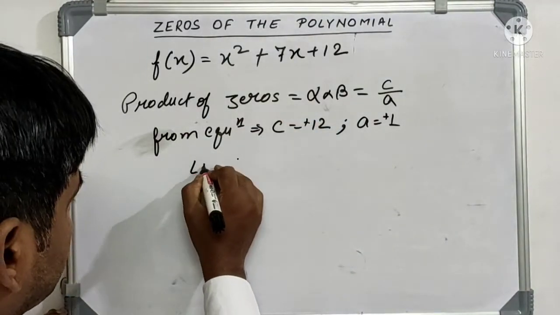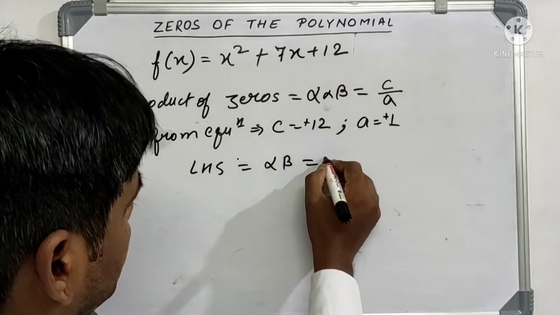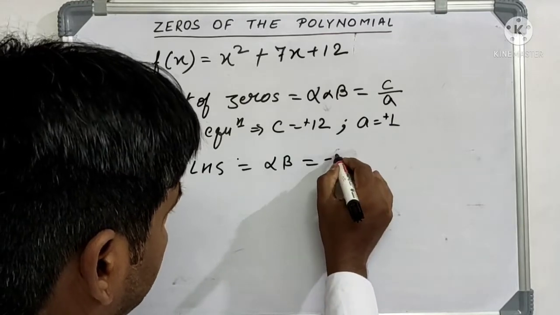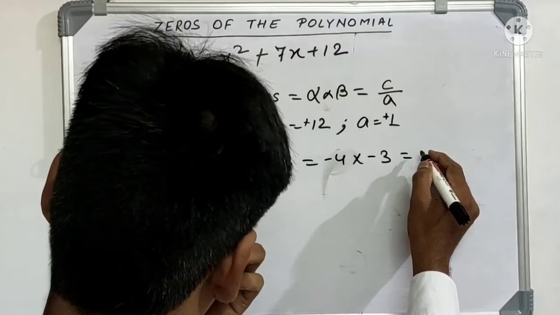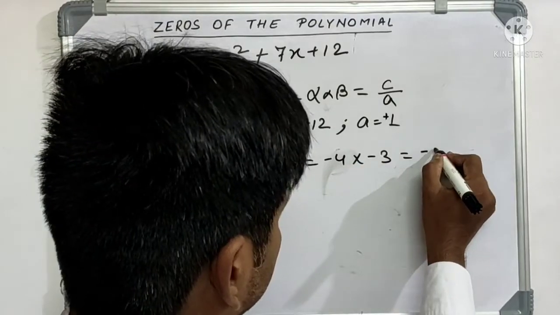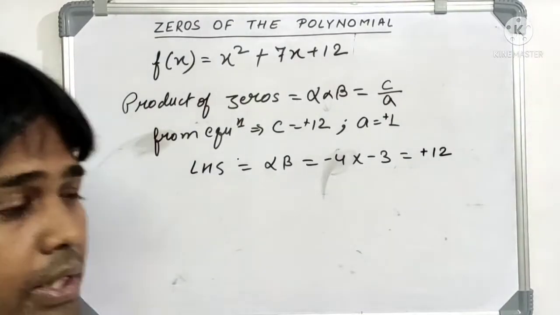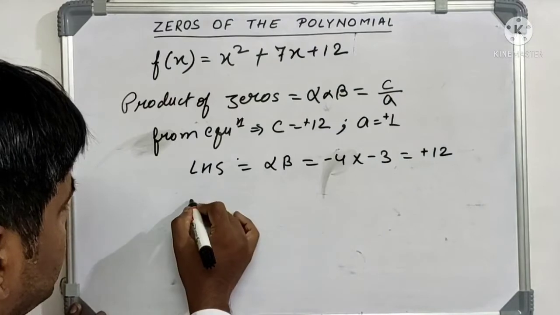Now LHS can be written like this: alpha multiplied by beta. Sorry, I am extremely sorry. That is minus 4 multiplied by minus 3. This will be equal to plus 12, not minus. Minus multiplied by minus will give you a positive value. Now LHS becomes this.